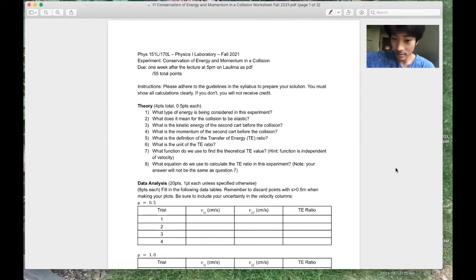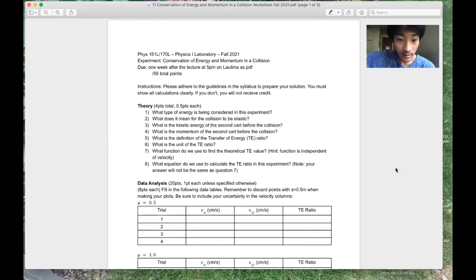Both are the theoretical equations, but one of them includes velocity and one does not. So number 7 is asking for the equation that does not include velocity. So it's the equation that's only in terms of the masses, I think. And yeah, that's in the lab manual as well.